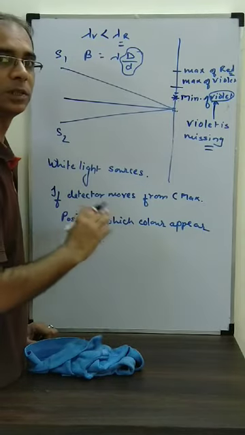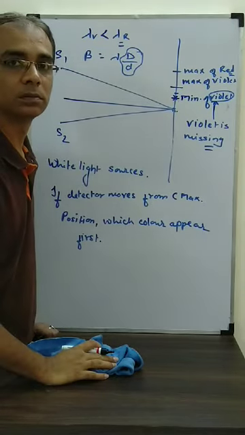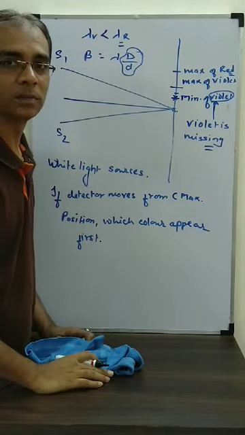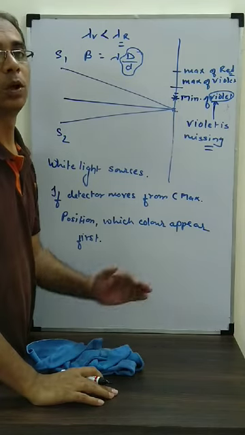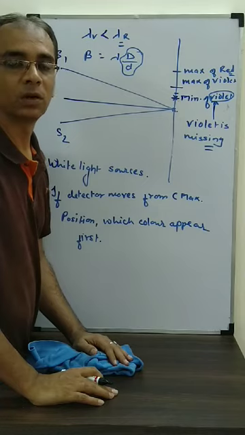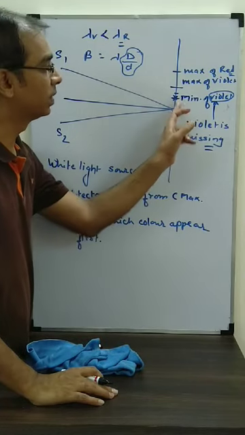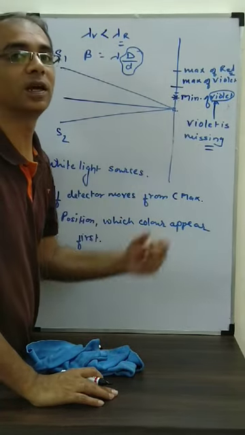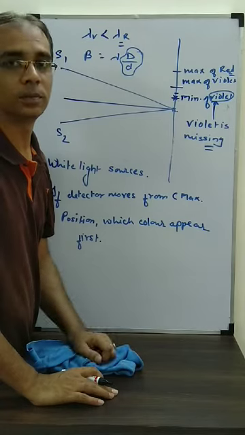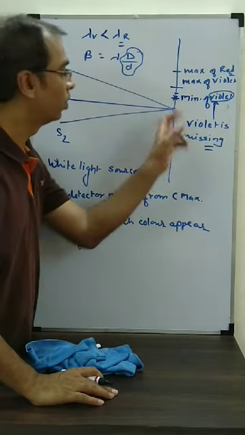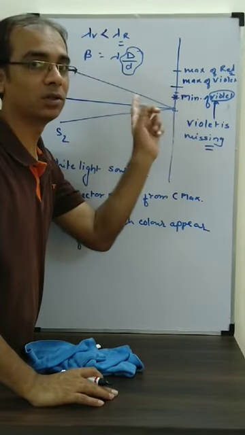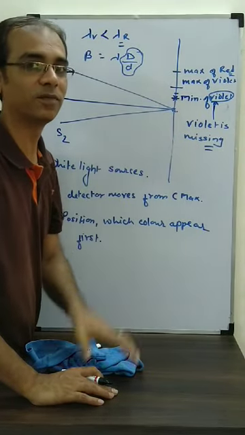So when violet is missing, which color will appear? Which color we are able to see? Violet, when we are saying you take the entire band of blue: violet, blue, indigo. That will all be disappearing at this point. Then which color we are able to see? Red color, because red is not 0 there. What is 0? Violet. So violet becomes 0 here, but red is not 0 here. So what will appear first to us?